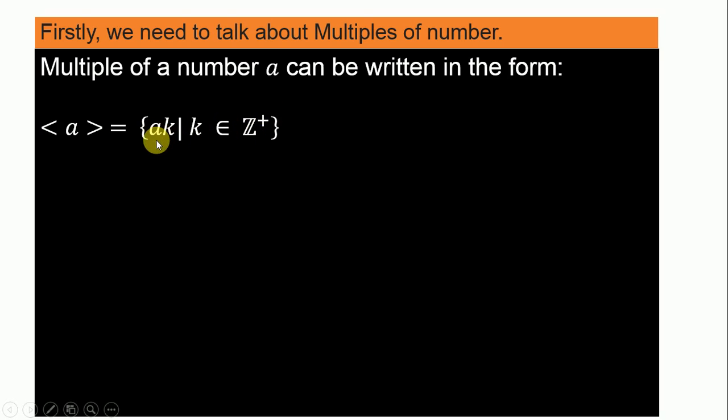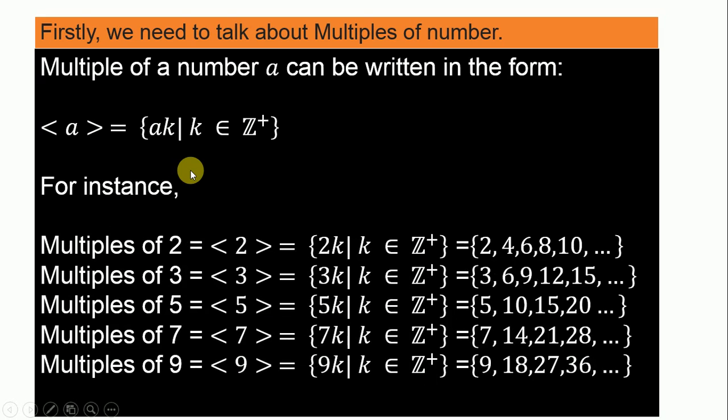So if I'm finding the multiple of 2, I will have 2k, such that k comes from the set of integers.